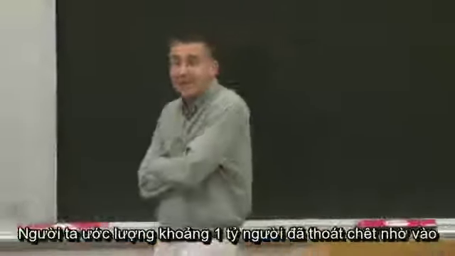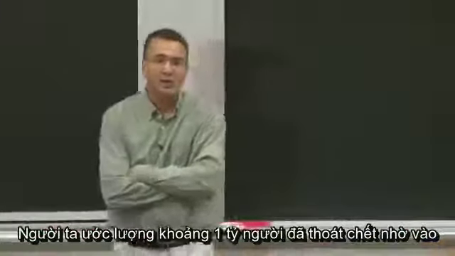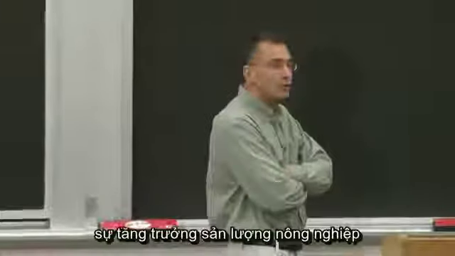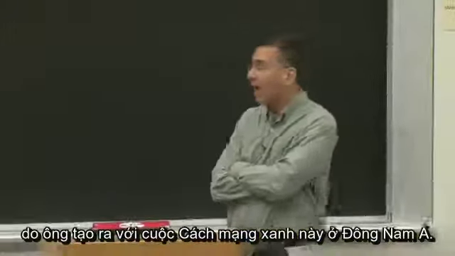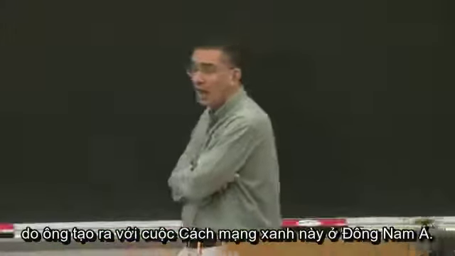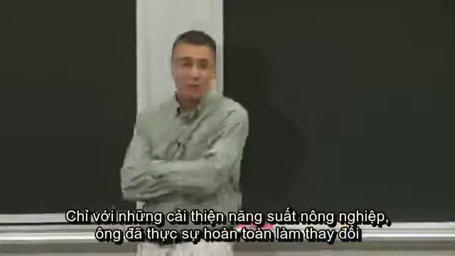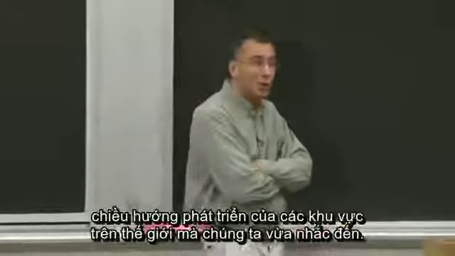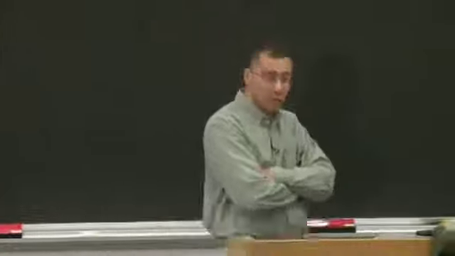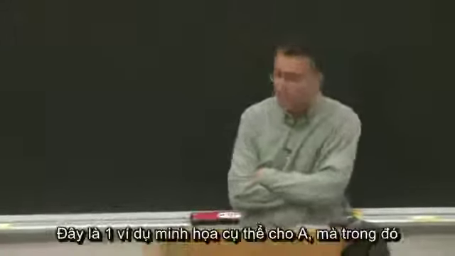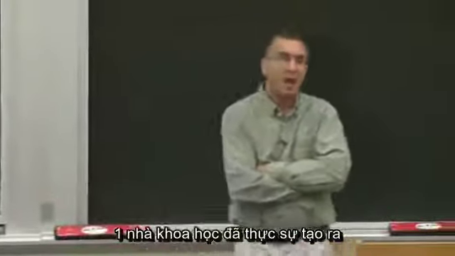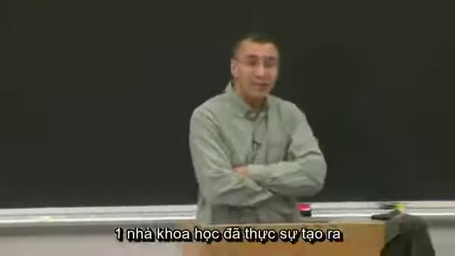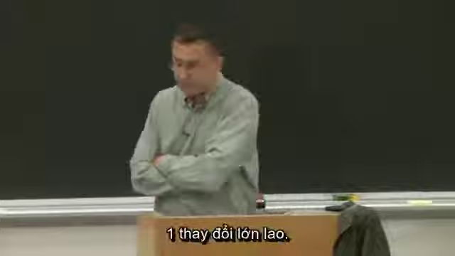They estimate he saved about 1 billion lives through the increase in agricultural productivity he made possible. He really changed the entire trajectory of that part of the world. So it's very interesting to put a personal face on this impersonal letter A, how one scientist can really make a difference in that case.